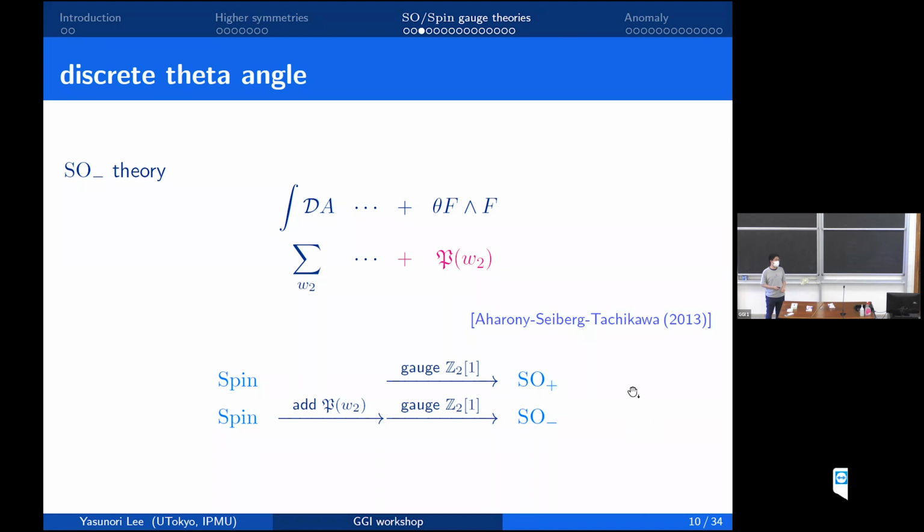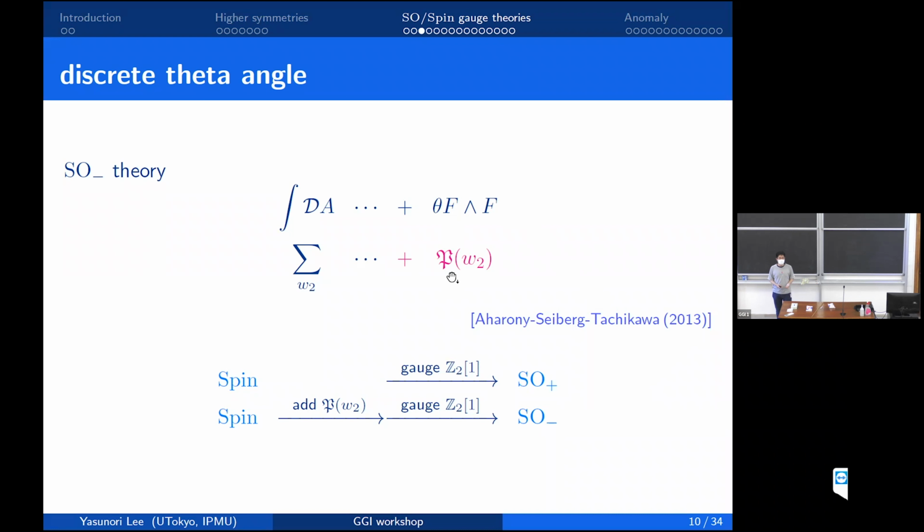So recall that for SU gauge theory, we had a choice to incorporate a theta angle, equivalently the F wedge F term here, which captures the non-triviality, namely the instanton number, of the gauge bundle. And for SO gauge theory, we have a discrete analog of this, and thus the name discrete theta angle.